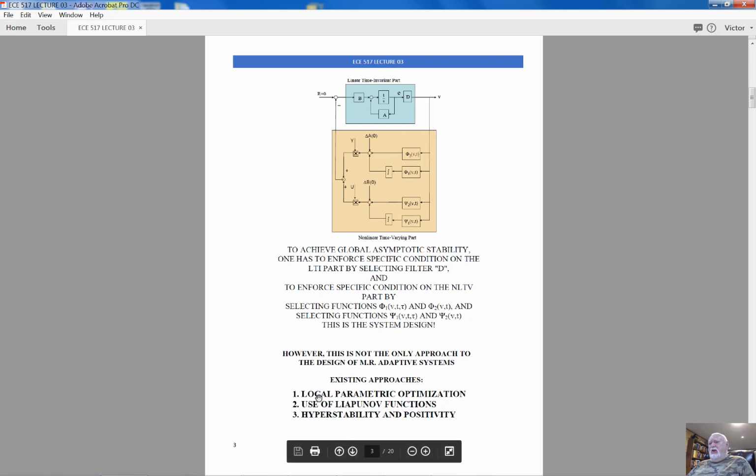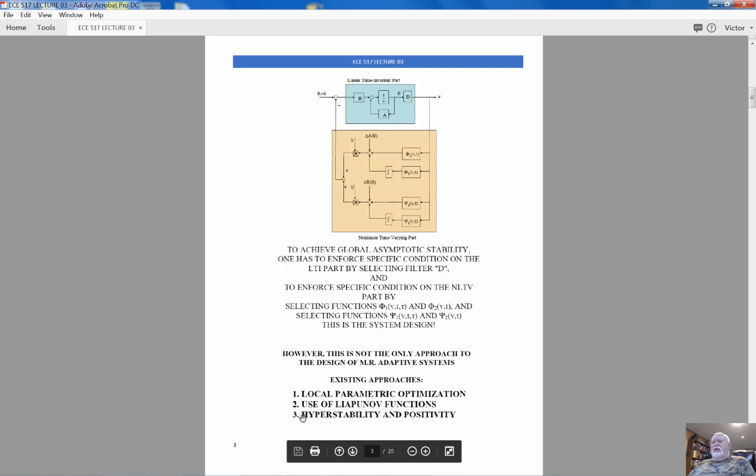The first approach is known as local parametric optimization. It is very straightforward. It does not involve working on the negative feedback nonlinear system. But then there is a much more powerful approach, the Lyapunov functions-based approach.